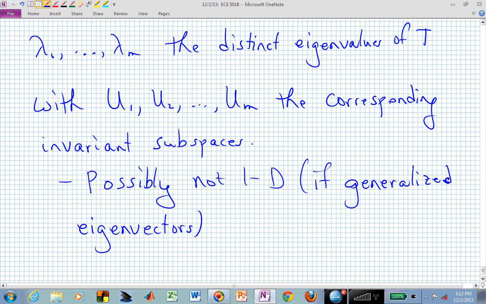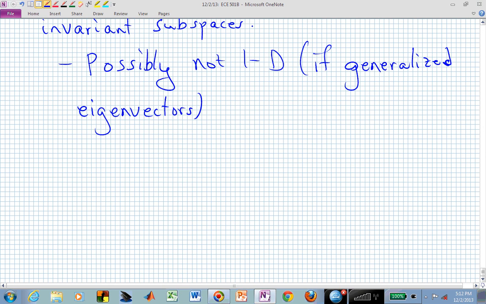Here are sort of the three pieces that we can conclude from that setup.